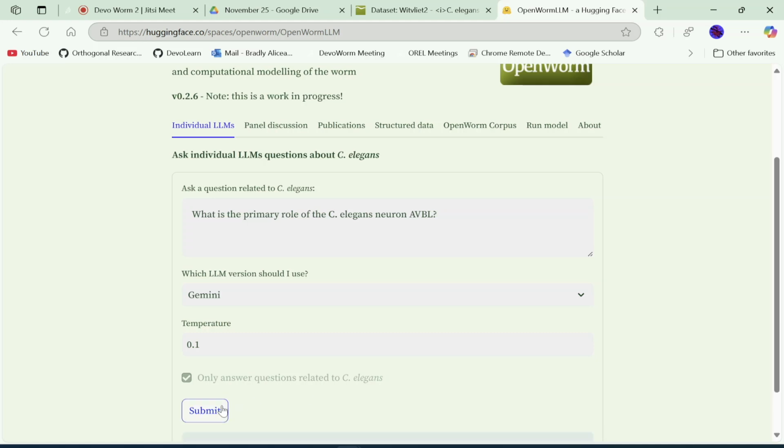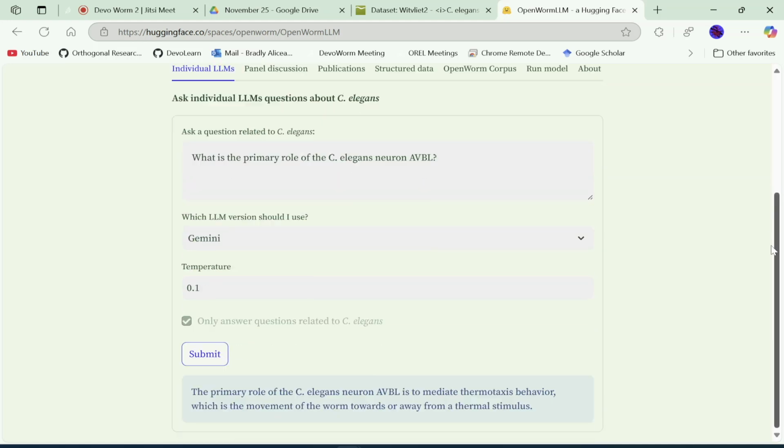So if we submit this, we get an answer. The primary role of the C. elegans neuron AVBL is to mediate thermotaxis behavior, which is the movement of the worm towards or away from a thermal stimulus. So it gives you the function of AVBL.